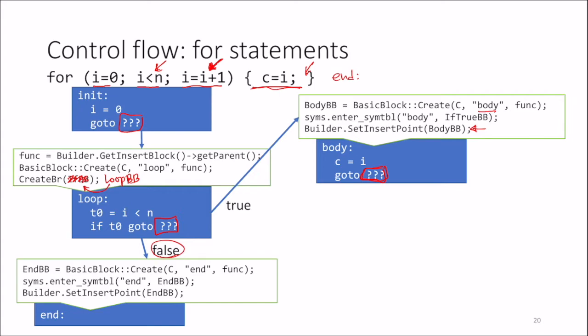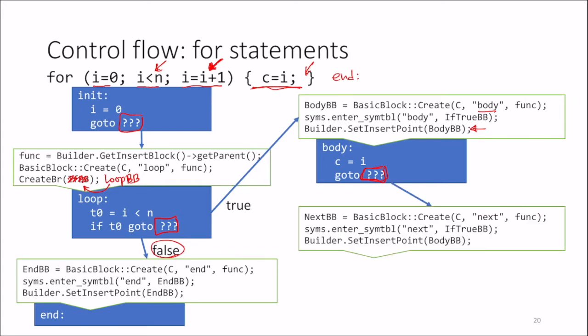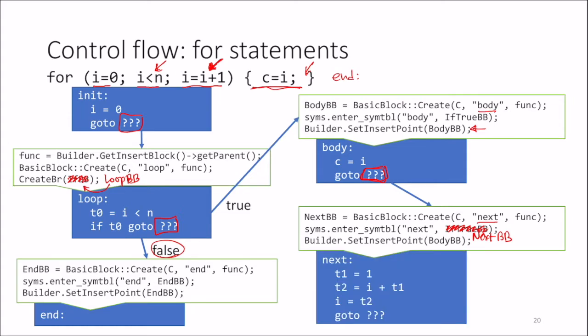Okay, so going back to computing the post condition, which is the next. So we call it the next basic block. There's a few typos here. Sorry about that. That should be called next BB. And when I insert that into the symbol table, I can set the insert point for this. So this should be next BB as well.